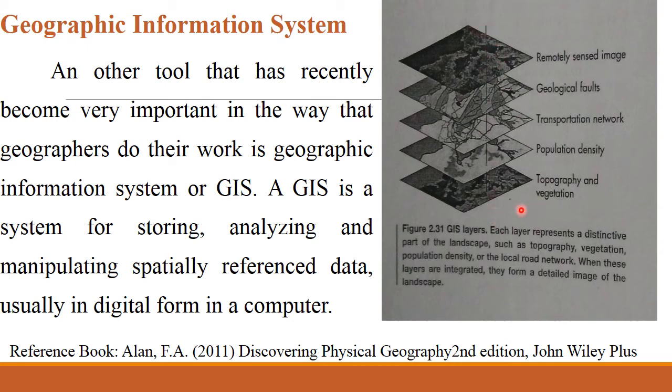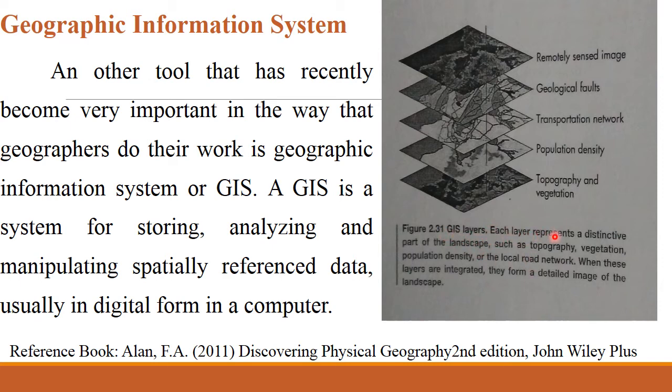These layers show that the satellite images taken at different time intervals of different areas, the same area with different phenomena or different things, are stored, analyzed and manipulated in GIS through a computer to get meaningful information about any area.